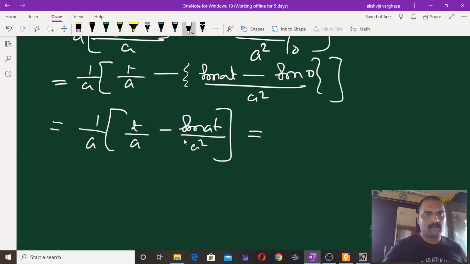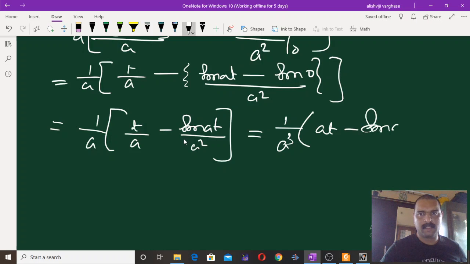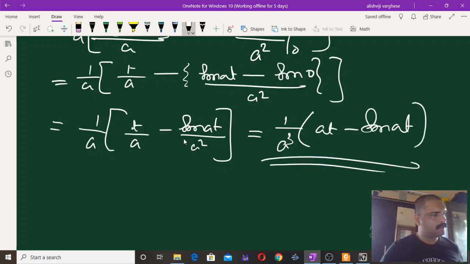So this is equal to, if we take an a square outside, 1 by a cube into (at minus sine at). So this is our function.